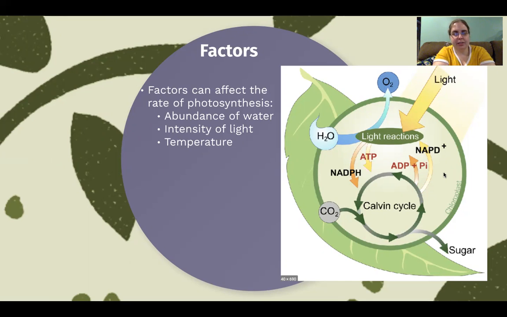But if there is a lower intensity of light, let's say at dusk or dawn, then there's going to be less photosynthesis occurring, because remember we said that photosynthesis needs light to activate the reaction. So if there is less intense light, there's going to be less photosynthesis.